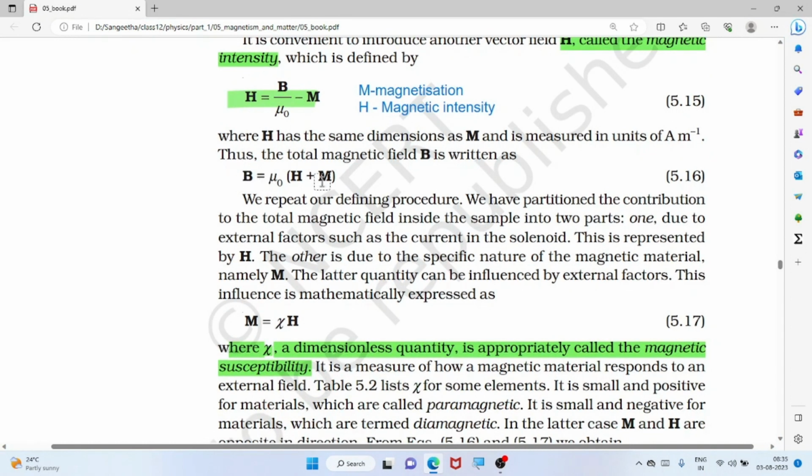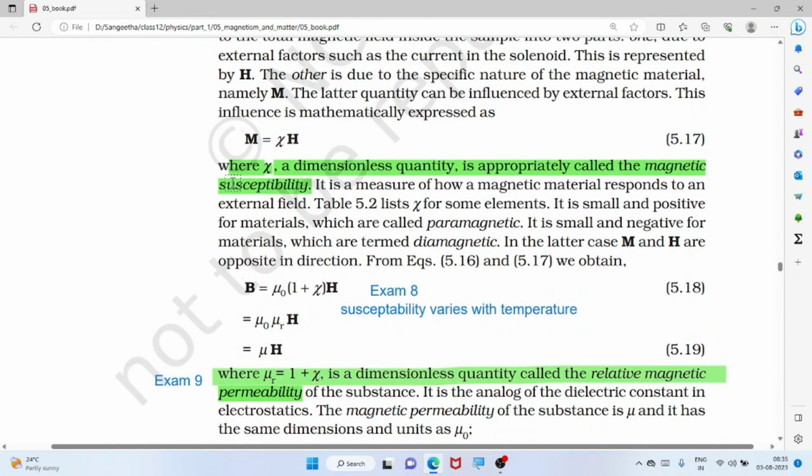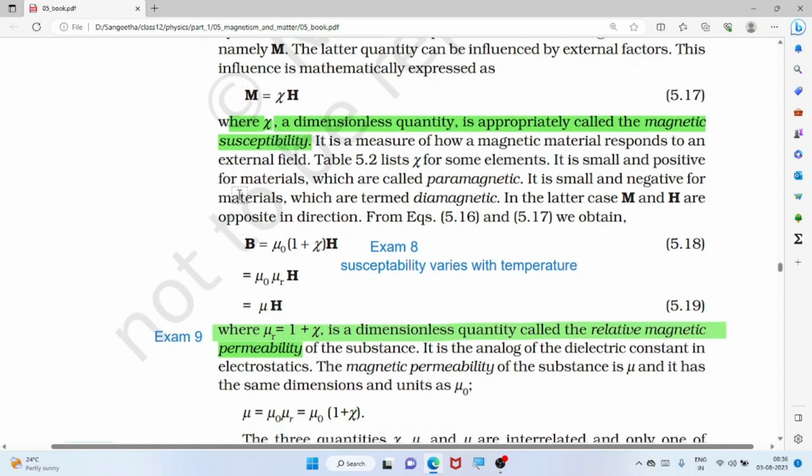These are the relations: magnetic field intensity, magnetization, magnetic field. Susceptibility is a dimensionless quantity, the magnetic susceptibility.